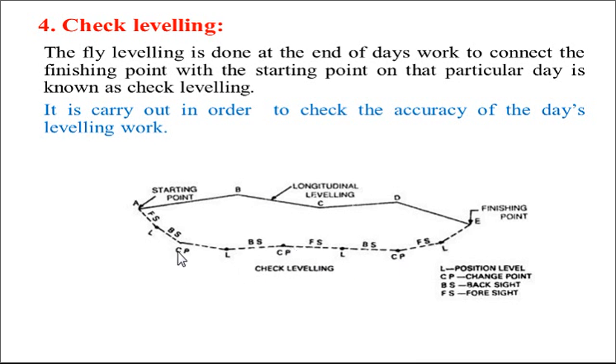So, as per the requirement we take the change points and continue till the starting point from this finishing point. Then we check whether the RLs which we calculated in the morning are the same as the RLs calculated by this check leveling. If the two RLs are the same, then we can say that the work which we have carried out is correct. So, this is nothing but check leveling.